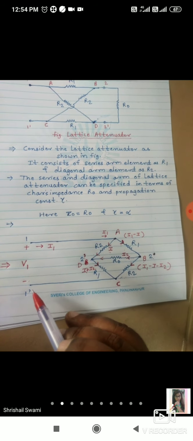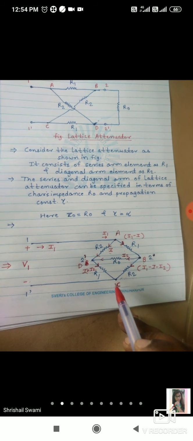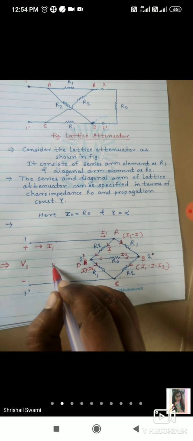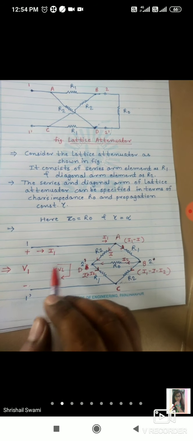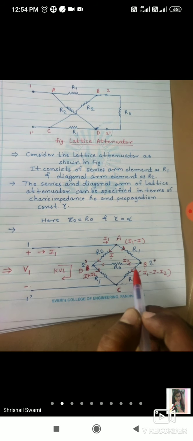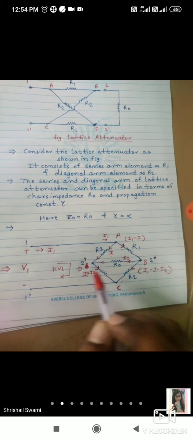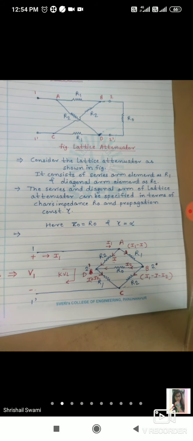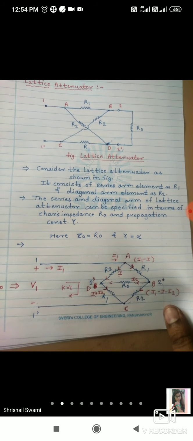Okay, so I will select the path 1 to 1, then A, then B, then D, then C, and again C to 1. So if you are applying KVL in this loop, what I will write: applying KVL, the path I have selected is 1 to 1, A, B, D, C, and 1. Then you will get one expression, and from that expression you will get the formula of R1.